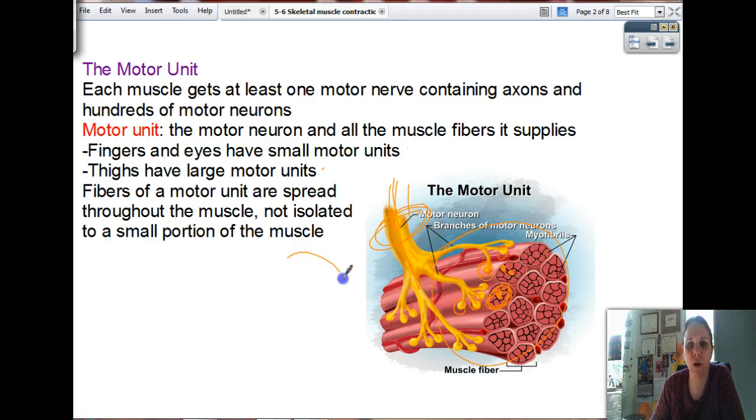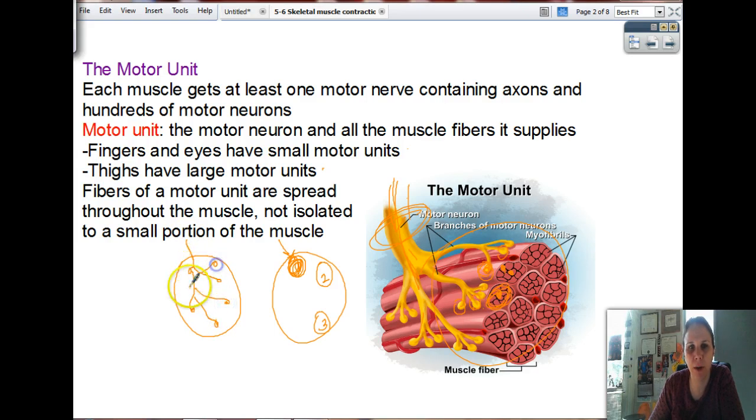So if I take a cross section of a muscle, a motor unit is not just going to be here's motor unit 1, here's motor unit 2, motor unit 3. Because then if I only stimulate that one, only that chunk of my muscle will contract, and that would be weird. So what happens is the motor neuron comes in and spreads out all throughout the cell.